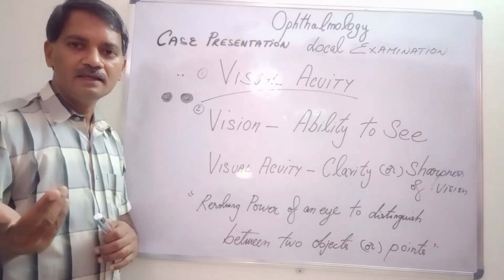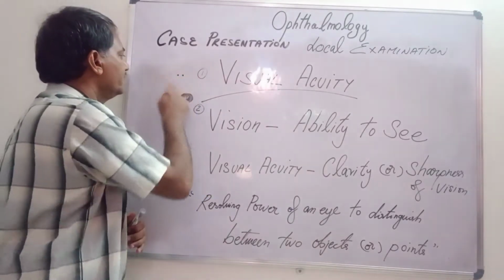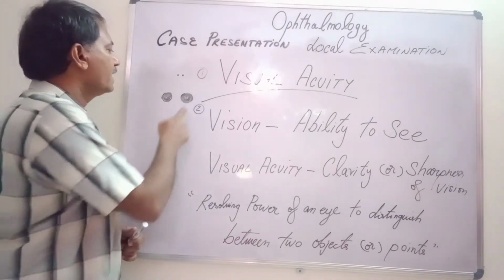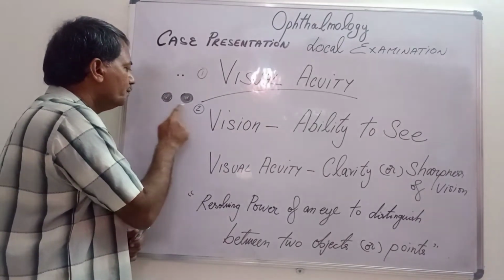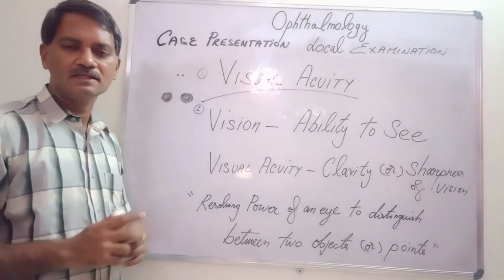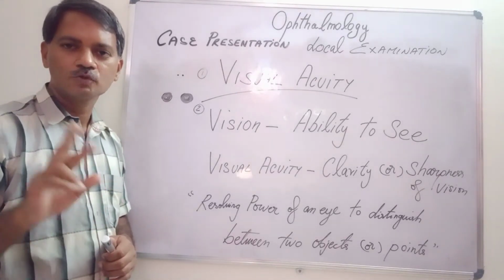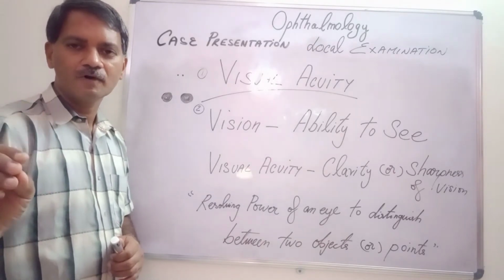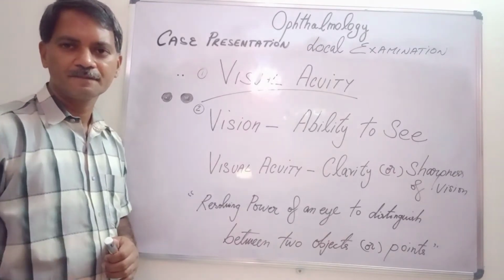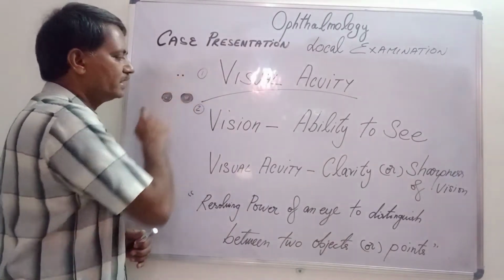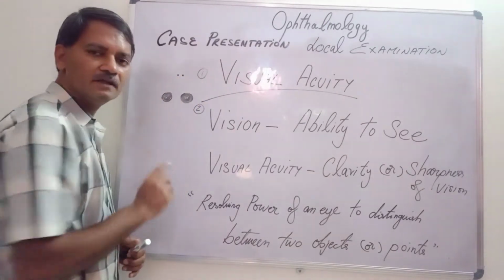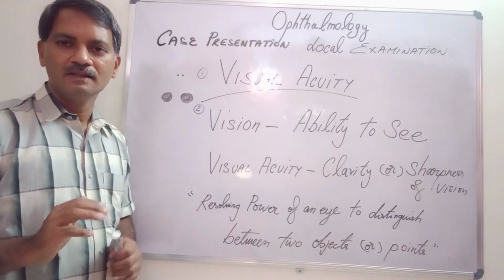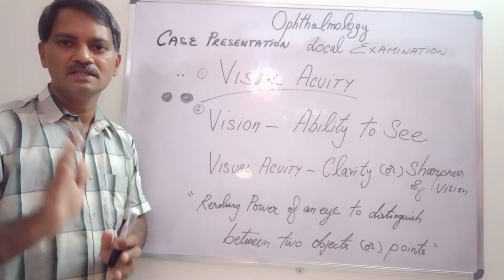If an eye is not able to identify the first two dots as two separate dots, and can only identify the bigger dots at a farther distance as two separate dots, then the resolving power of the eye is poor. The first, the visual acuity is good. The second, the visual acuity is poor. Based on this only, the visual acuity testing is designed.